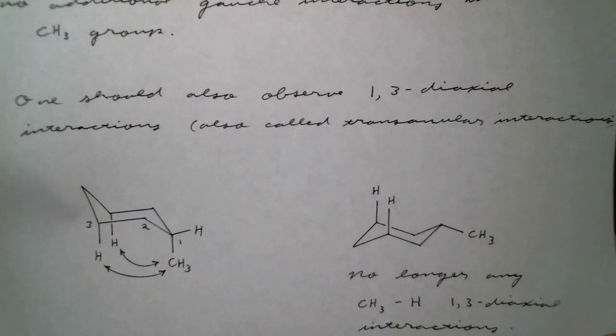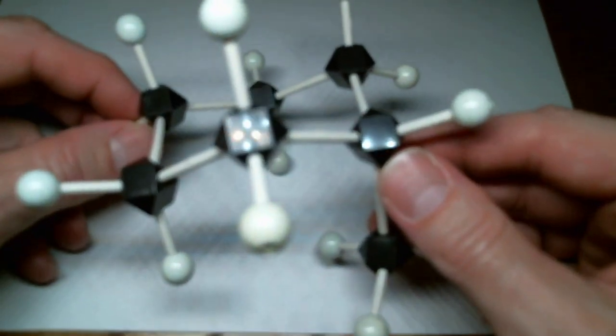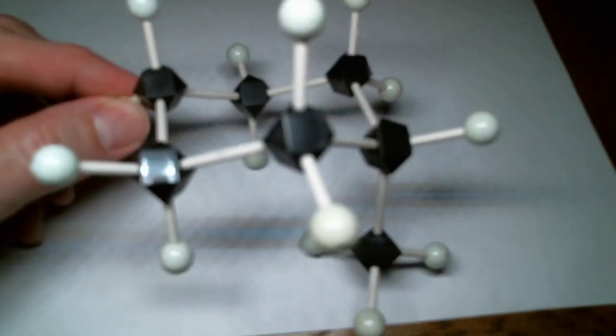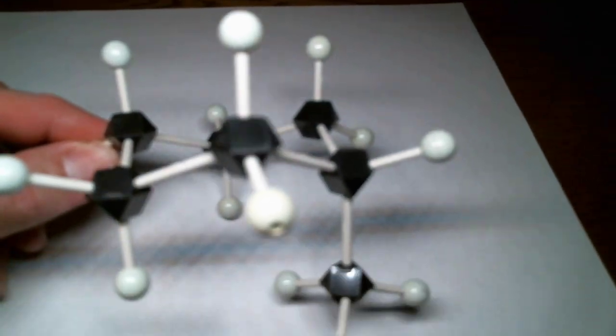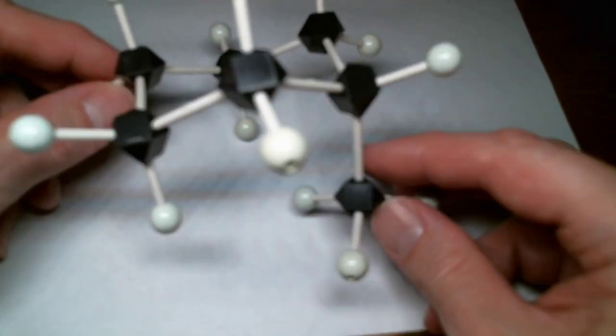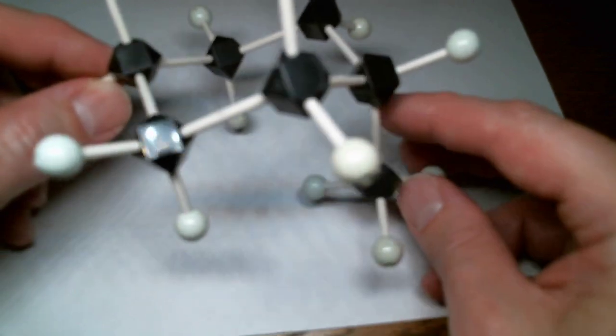And just to show you that this isn't just all on paper, that it's actually a physical reality, here's methyl cyclohexane chair conformer. I hope everyone can see that the methyl group is axial.